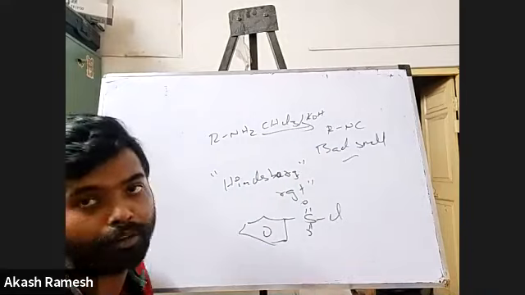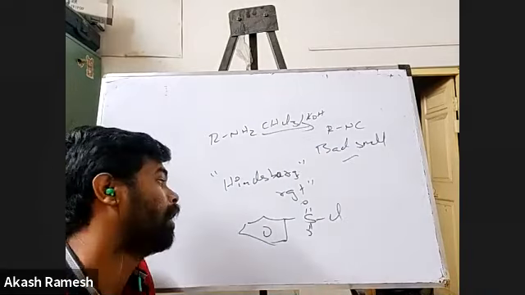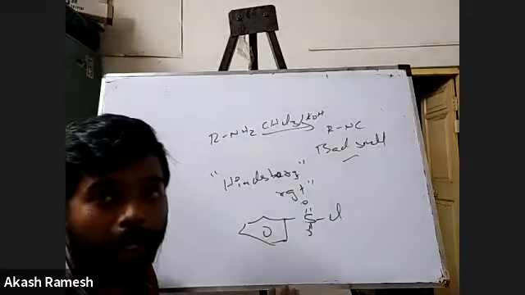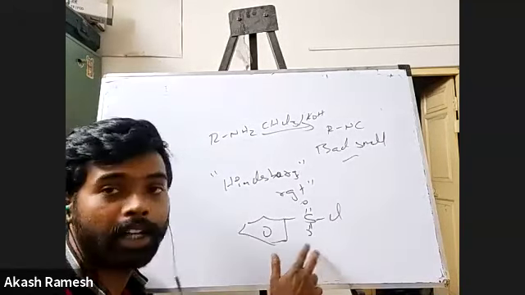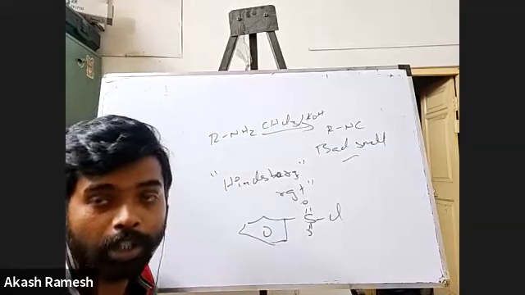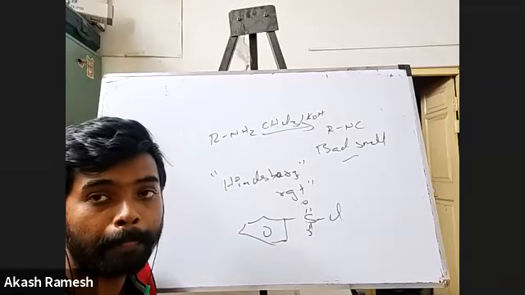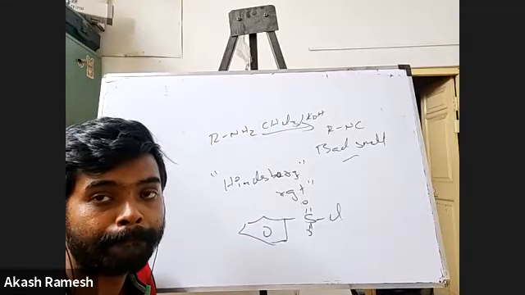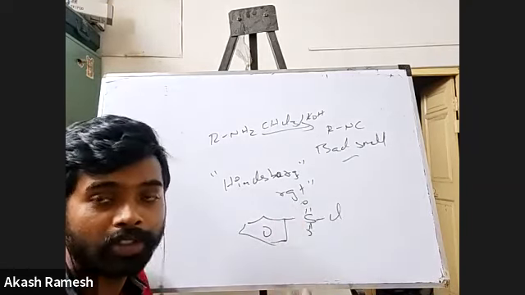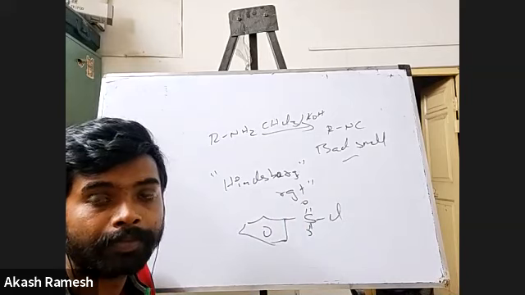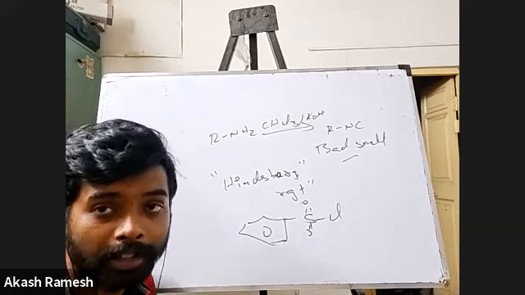That's how you write it in short form, right? So we know how this thing works, right? Along with the Hinsberg reagent, what other thing do you have to use for the Hinsberg test? What other thing do I have to use?